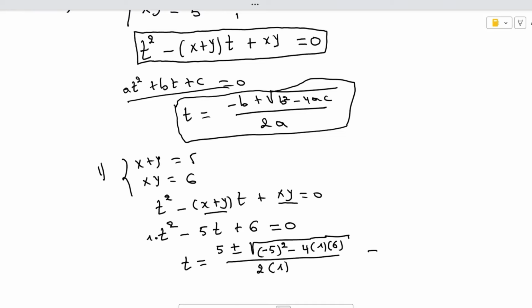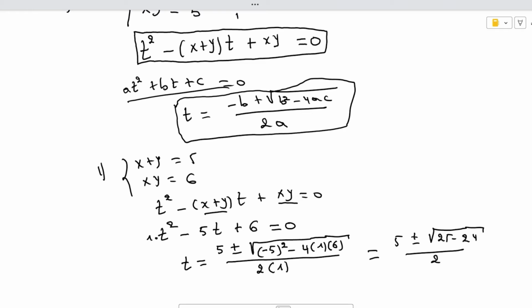So we get t equals 5 plus or minus the square root of 25 minus 24, over 2.